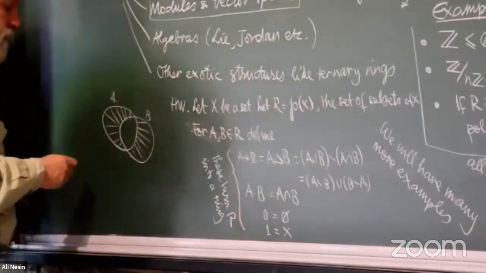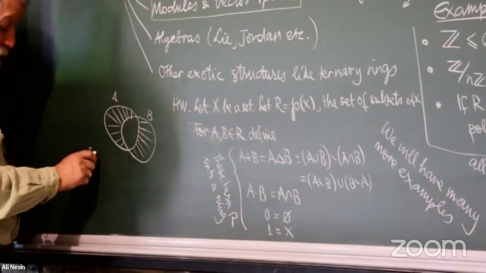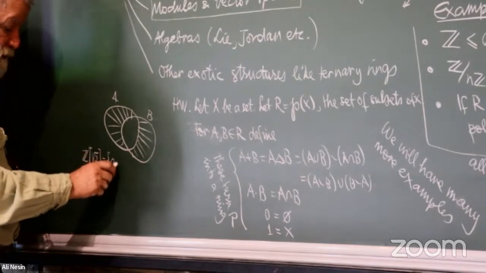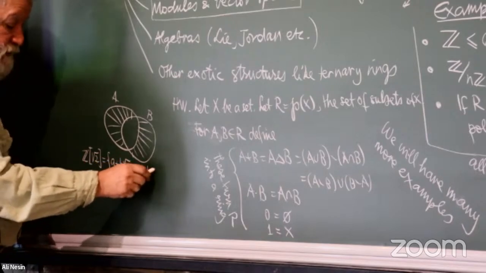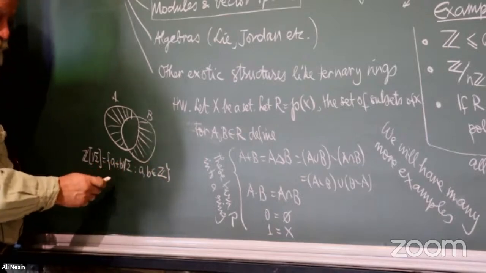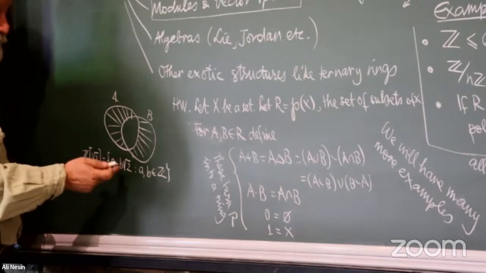Z adjoined the square root of 2. This means the elements of the form a plus b square root of 2, such that a and b are in Z. Under usual addition, these are real numbers, of course. You can add and multiply them with each other. And this is a ring.